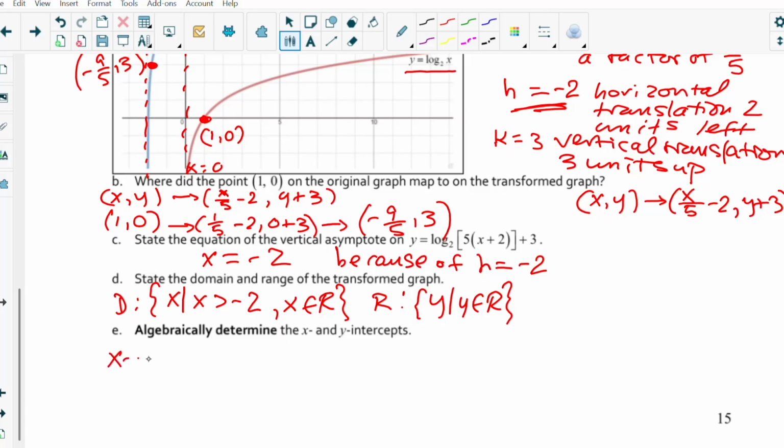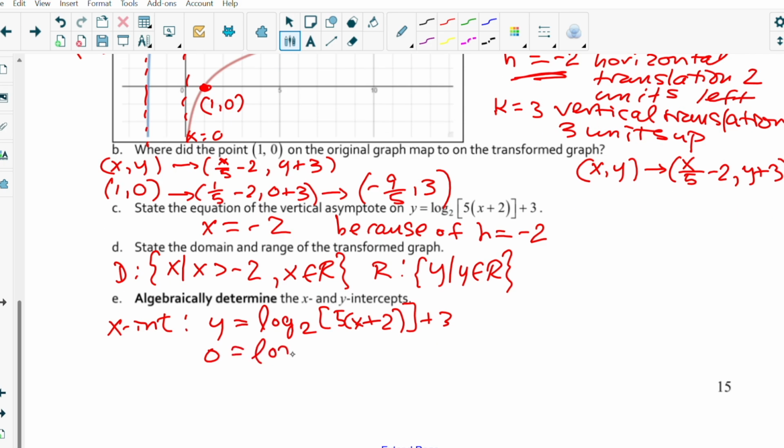So for the x-intercept, this is where y equals 0. Let's take our transformed function. I'm going to do a calculation for our x-intercept first. So I'm going to plug in y equals 0.